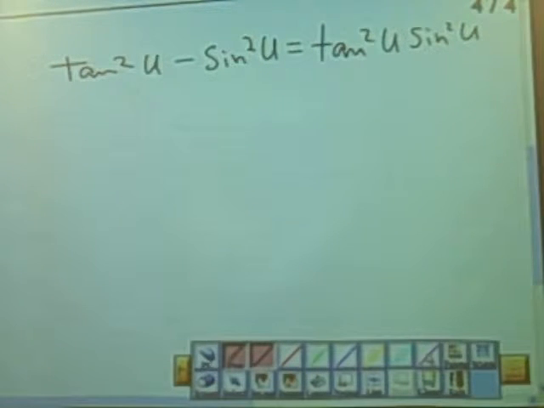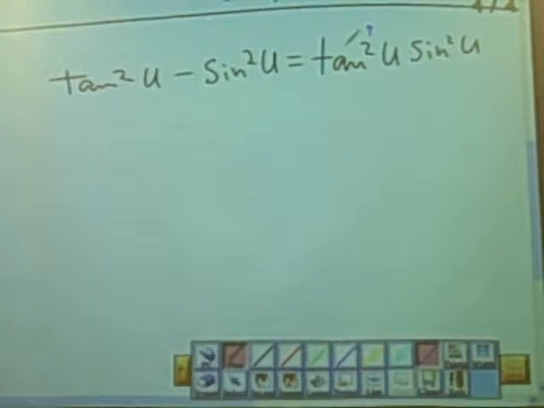Well, sometimes it helps to look at the second to the last step in terms of sine and cosine. So tangent, we know that's sine squared u over cosine squared u, and then we have that times sine squared u, and that's over 1.